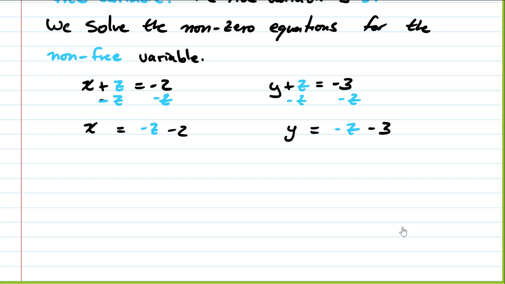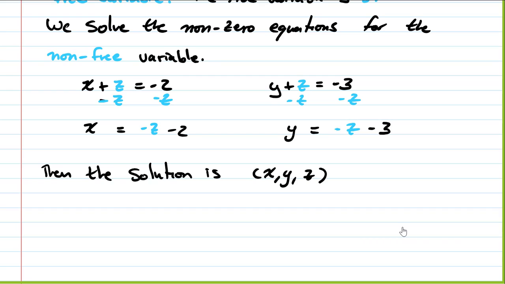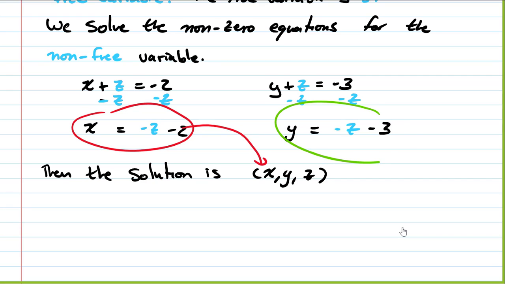Then the solution is x, y, z, but x is this, y is this, and z is free.